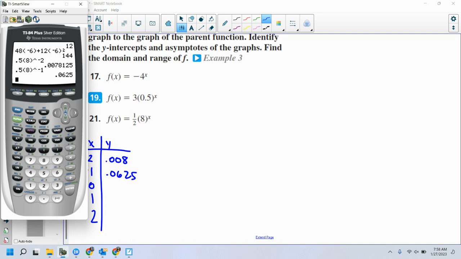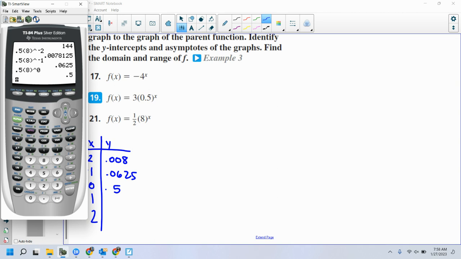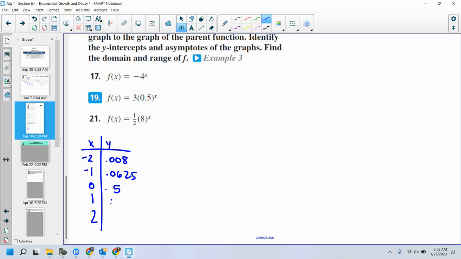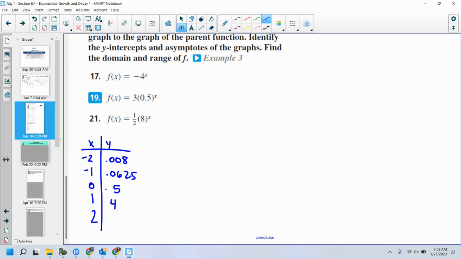And then we've got 0, which should be 0.5. We've got 1, which is 4. And then we've got 2, which is 32. Okay, so there are my coordinates.